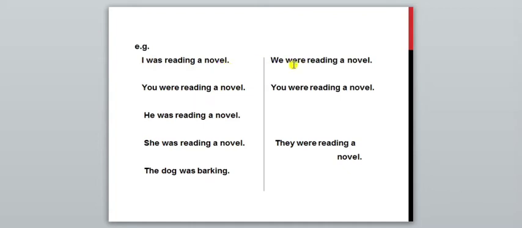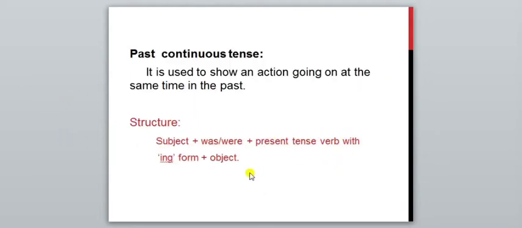Correct? At the place of are, you have to use were. Means we were reading a novel. See, remember this structure is very useful, because this structure is going to teach you how to make a lot of sentences of a particular tense which you learn.